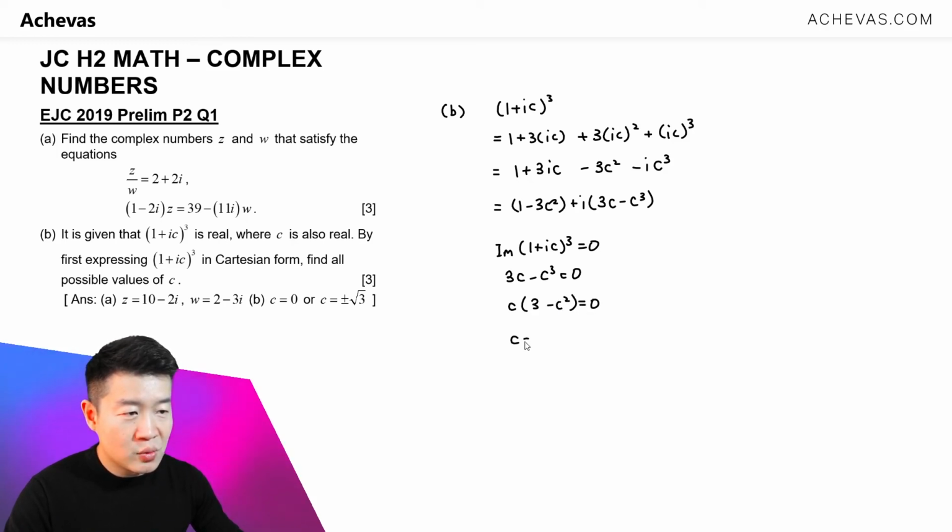This helps us work out one of the possible values for c, which is 0. The other possible values of c will be derived from the fact that 3 minus c squared should be equal to 0, so c squared is going to be equal to 3. c is a real number, so this works, and c can be either plus or minus square root of 3.